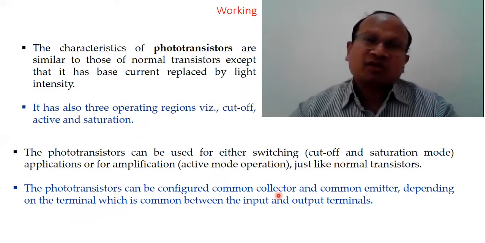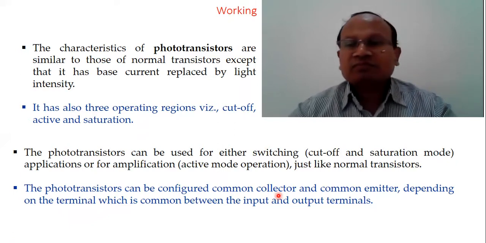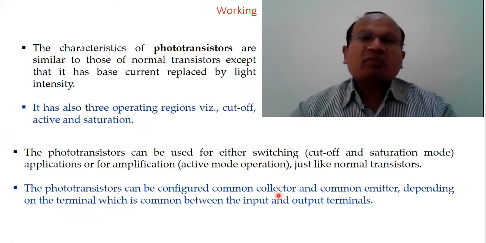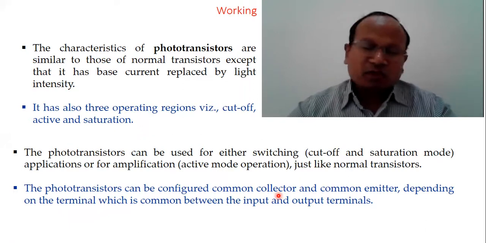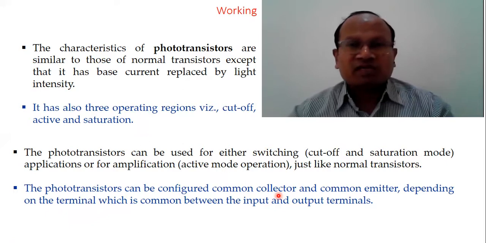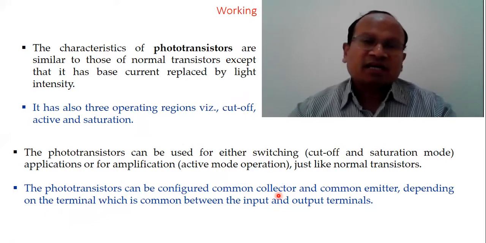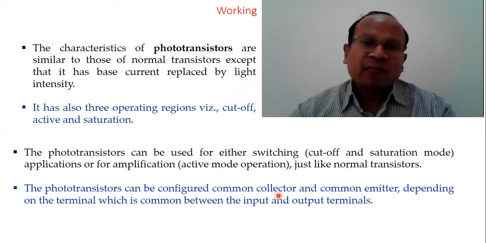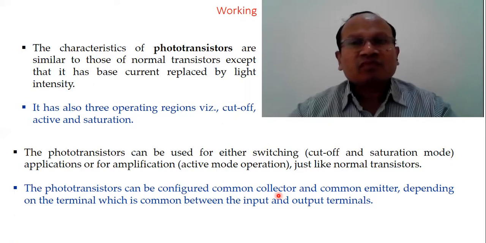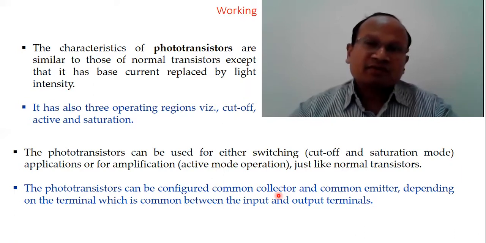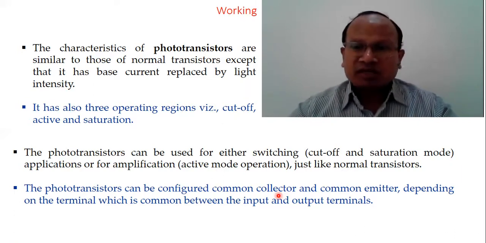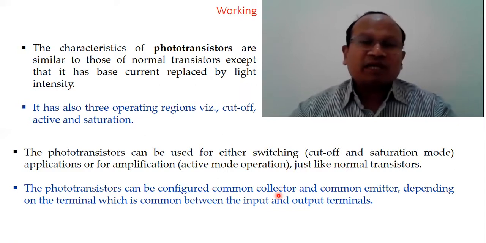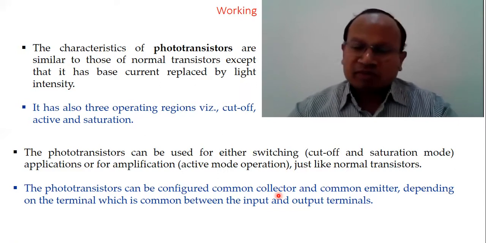In a normal transistor, we know there are common base, common emitter, and common collector. But in the phototransistor, we have 2, because there is no base terminal separately. And even if there is a base terminal, it doesn't make any sense. No connectivity is there. So there are 2 configurations, common emitter and common collector, depending on which terminal is common.